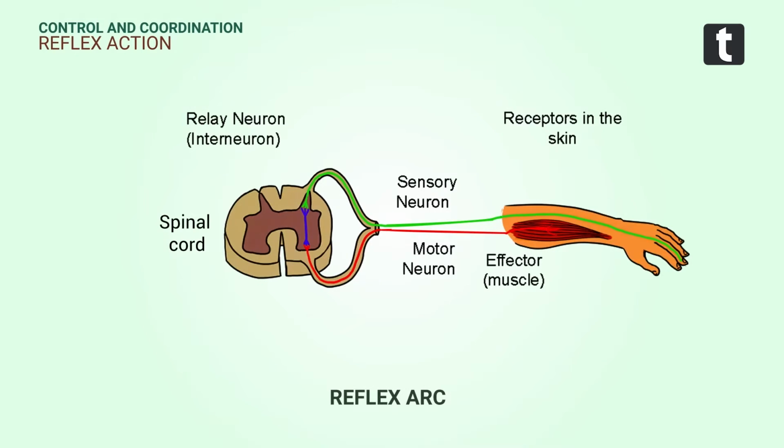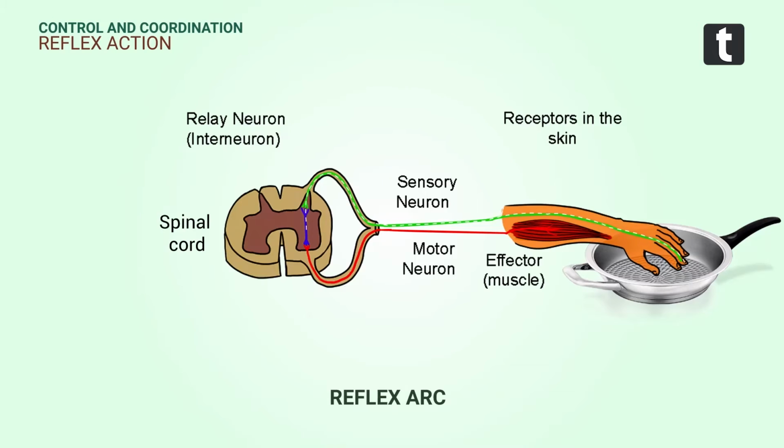Let's see how. The sensory neurons are associated with the sense organ, the skin, in this example the skin of the hands. When the skin receives the stimulus heat, immediately this sensation or stimulus of the heat will be transmitted to the sensory neurons which are present in the skin cells.